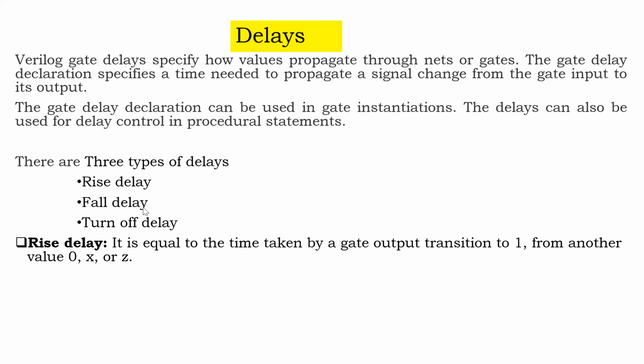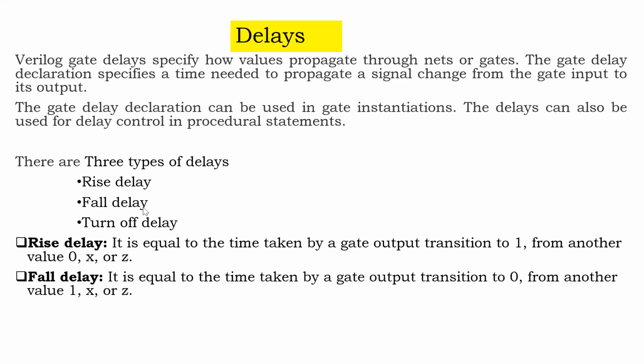Of the four values, one is already defined, 1. From the remaining three, the transition to 1 takes some time, and how much time it takes is called the rise delay. Fall delay is the reverse operation: the output goes to 0 from either 1 or X or Z.